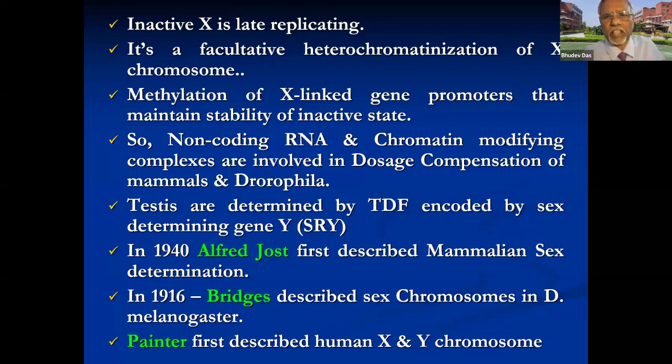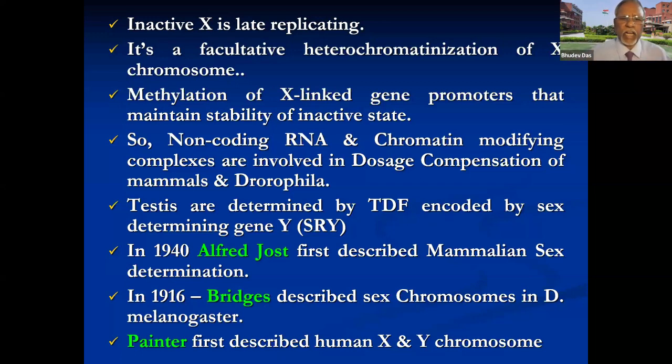Methylation of the X genes promotes and maintains the stability of the inactive state. Non-coding RNA and chromatin modifying complexes are involved in the detailed molecular biology of dosage compensation. This is called dosage compensation in mammals, where gene dosage is compensated by inactivating one of the X chromosomes.